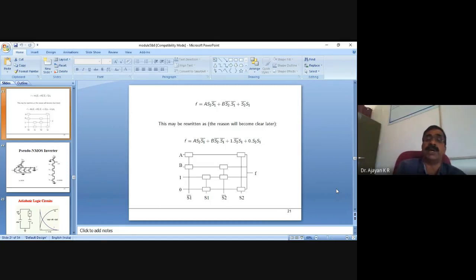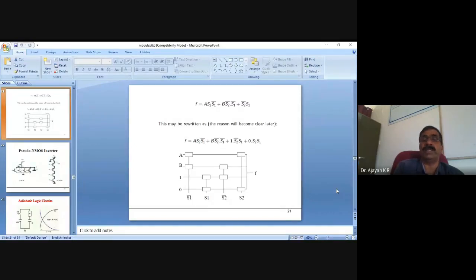Now you have to implement a condition that gives 0. The combinations that you have covered are S1 bar, S2 bar, that is 0, 0. Then S1 bar, S2, that is 0, 1. Then S2 bar, S1, that is 1, 0. Now the uncovered term is actually S1, S2.